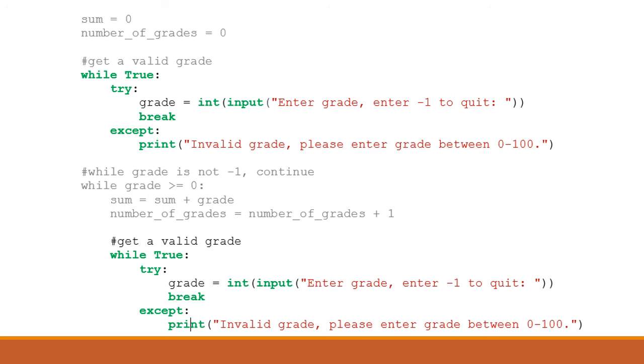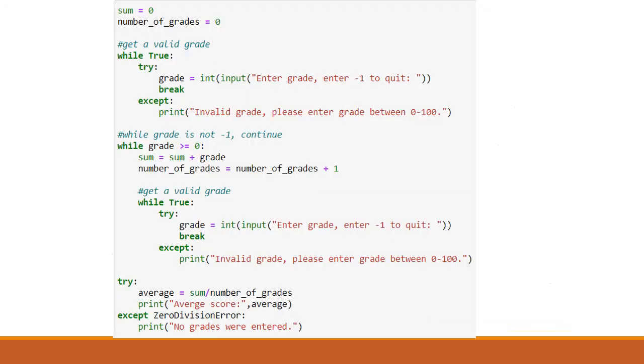So within our while loop, as long as grade is greater than 0, we want to make sure that the user enters a valid grade. Here's our completed example for calculating grade average, where we've included error handling for grades being inputted by the user, and error handling to verify that we don't have a division by 0 error.